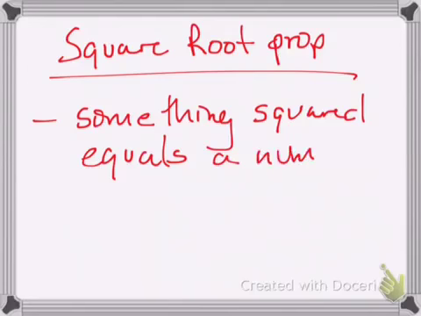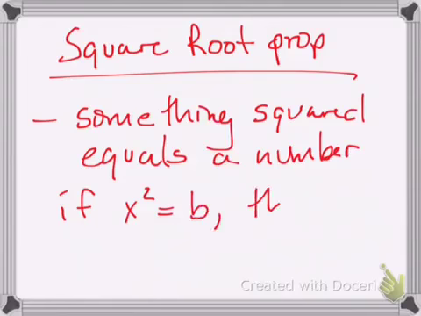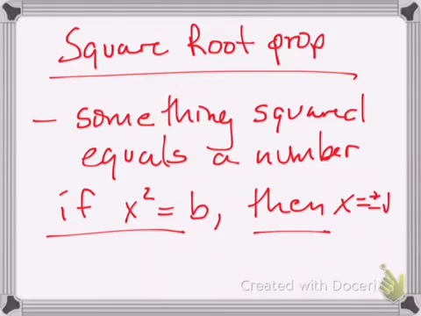The square root property tells us that if x squared equals b, then x equals plus or minus the square root of b, whatever the square root of b is. It may be rational, it may be irrational, it may be imaginary, but the square root property always works. All right?